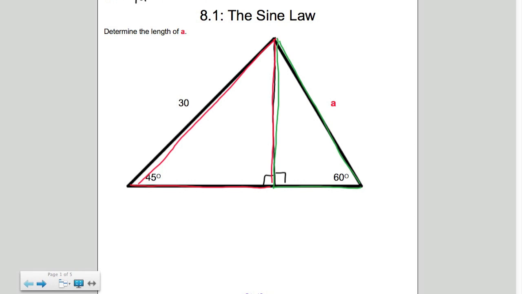What do these two triangles share? What do they have in common? They're both right angle triangles, yes, but what else? They share one of the side lengths, right? One of the side lengths is common to both triangles. So we're going to label this H, or like the height of a triangle.